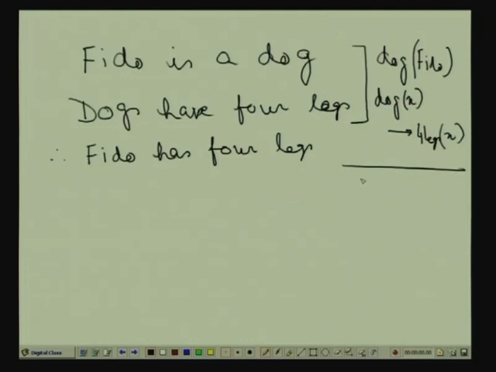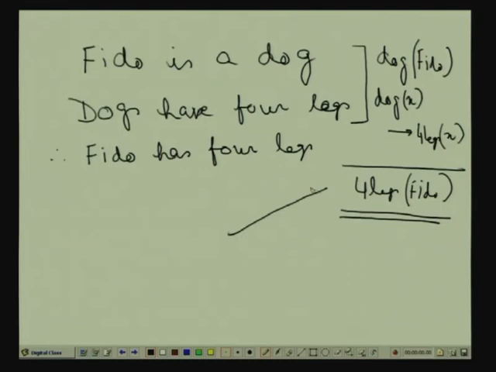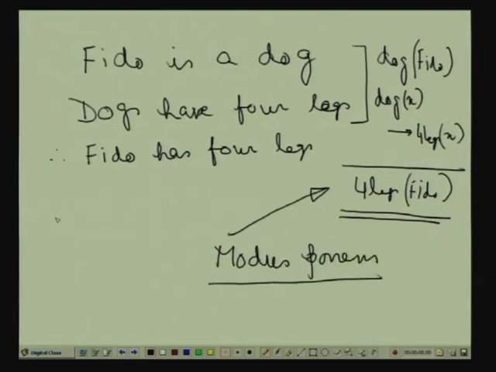From there I infer 4 legs Fido. What is this form of reasoning? I am sure you will be able to identify that this is our old friend modus ponens, which looks like P implies Q and P is true. So, we assume Q is true.